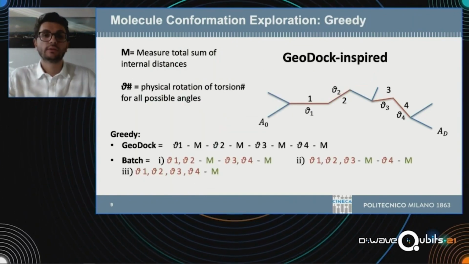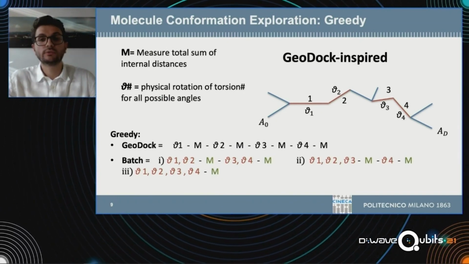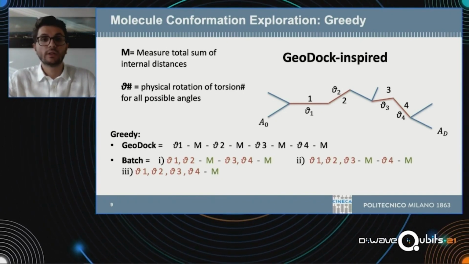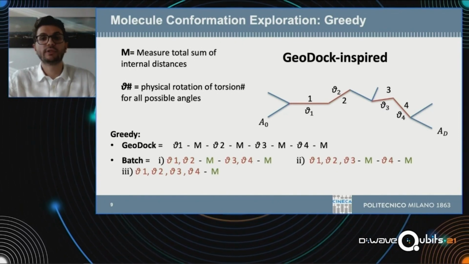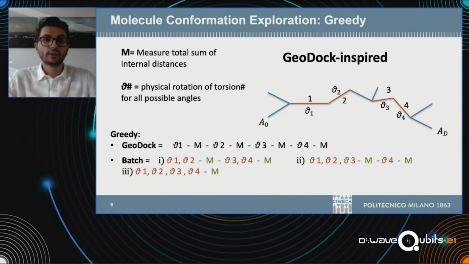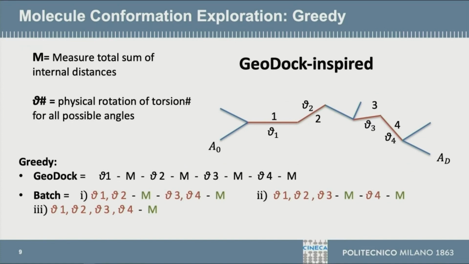The second algorithm is GeoDoc, which is a greedy algorithm inspired by the original version of the ligand expansion. This algorithm gives us an approximation of the optimal solution in a reasonable time, and we have implemented two variants of it.